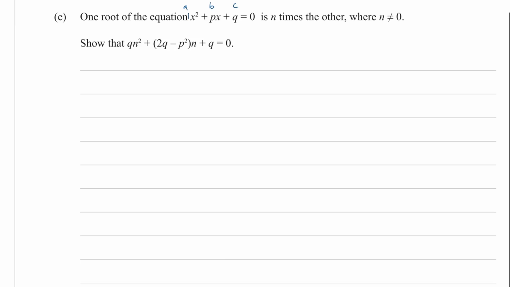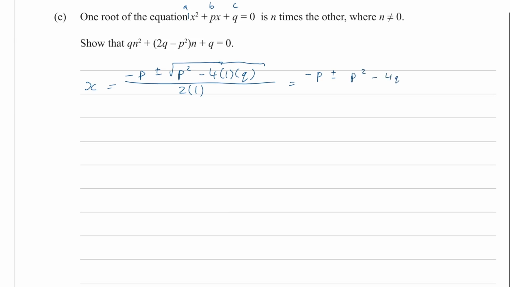And so the quadratic formula, which is in our data booklet, thankfully, the roots would be negative b, so negative p, plus or minus the square root of p squared minus 4 times a, which is 1, times c, which is q, all over 2 times a, which is 2 times 1. Which simplifies a bit: minus p plus or minus the square root of p squared minus 4q, over 2.